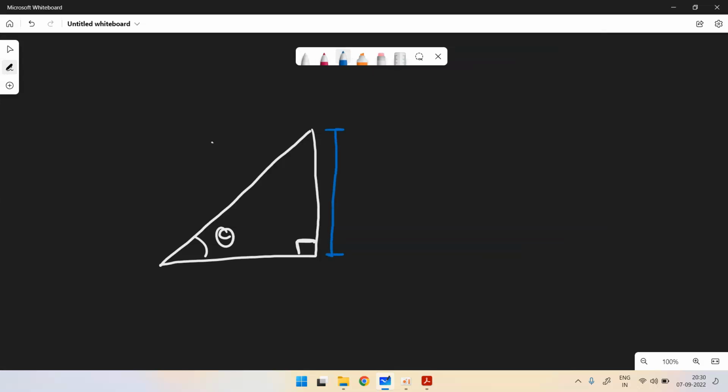See, I'm in front of theta, it is the perpendicular, so I'm representing this as the perpendicular.